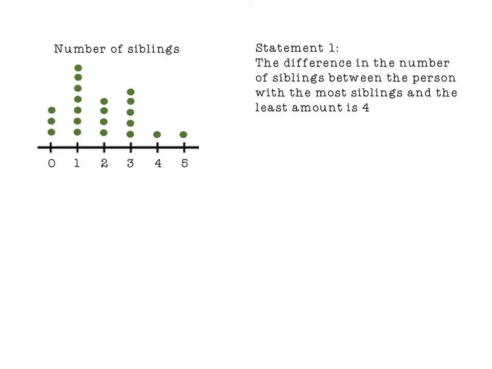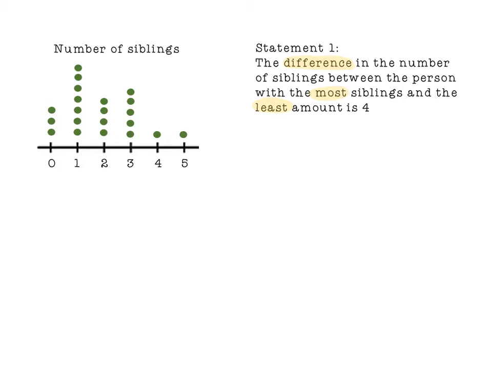The first statement says the difference in the number of siblings between the person with the most siblings and the least amount is 4. So that word difference is telling me that I'm going to subtract. And I'm going to subtract the most and the least.